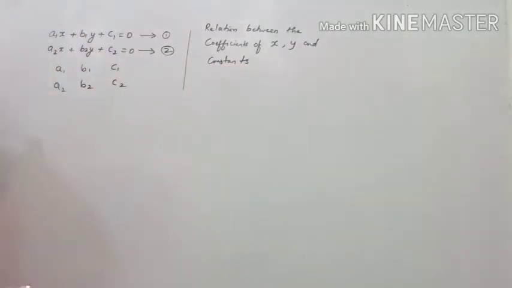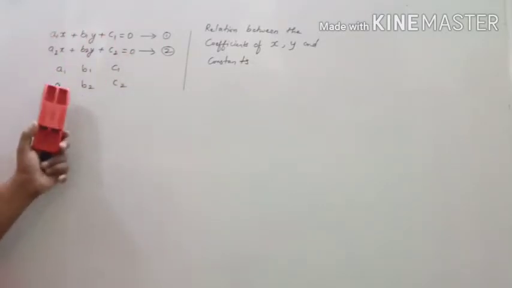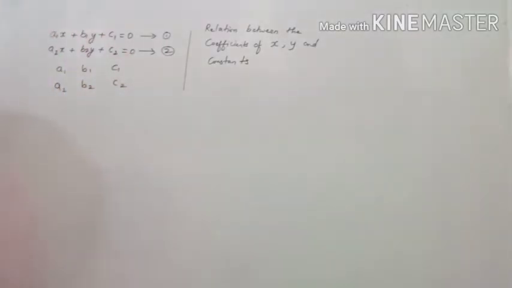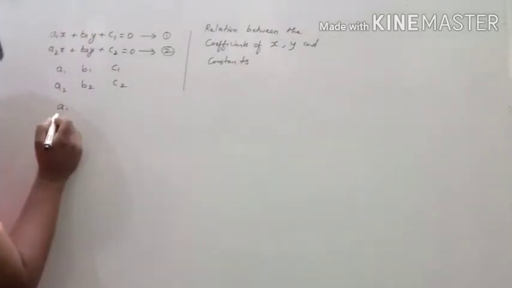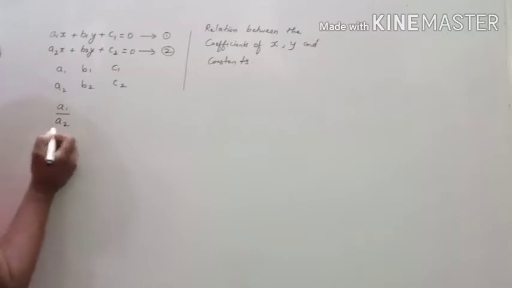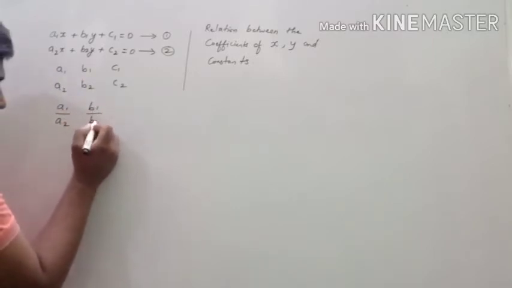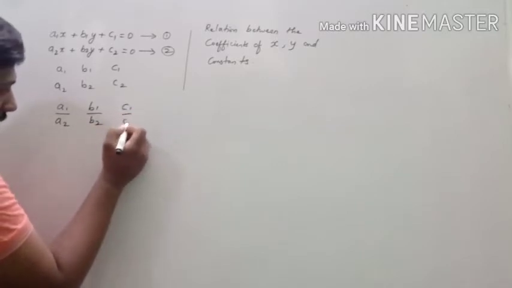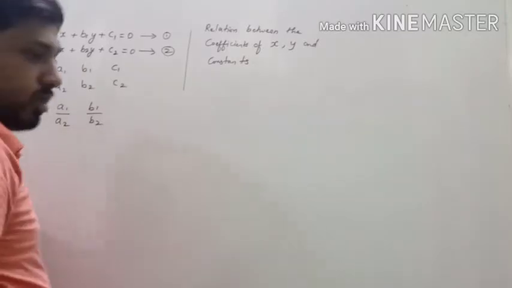So let's see the relation between these constants, that is a1, b1, c1, a2, b2, c2. When you separately take, for example, a1 by a2, b1 by b2 and c1 by c2, let me take the first condition, a1 by a2 and b1 by b2.